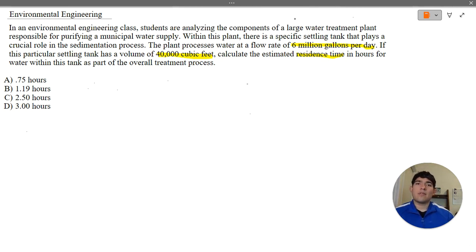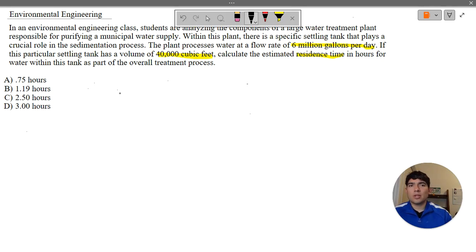Whenever you have environmental engineering problems on the FE exam, a lot of the time those can be reduced to just unit conversion problems. You just take the data that you're given and you process it to give you what you're asked for. I'll explain what that means.